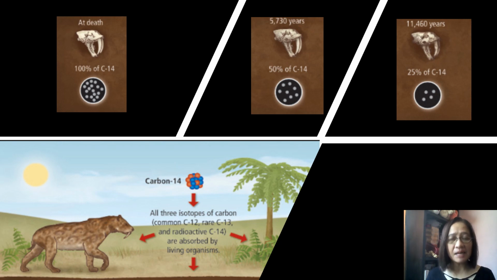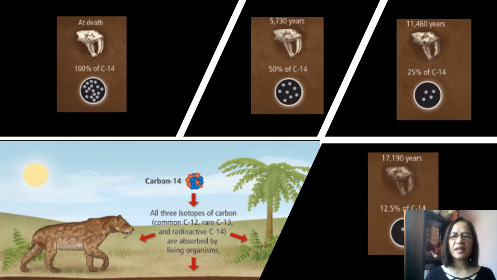Na-detect, nalaman ni paleontologist na 25% na lang na carbon-14 ang nasa fossil. 11,460 years plus 5,730 years uli, and that is 17,190 years. Nahukay ni paleontologist uli ang fossil na to at meron na lang to na 12.5% na carbon.